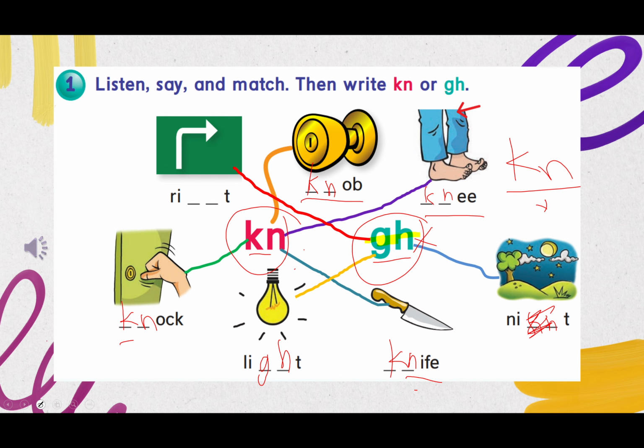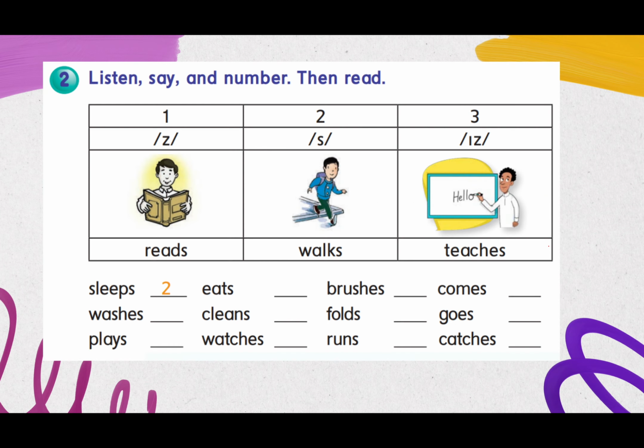Here I have right, okay, right, GH, light, GH, night. It has GH, and the GH here makes a silent sound. So I cannot hear anything, only right, light, night. Can you see that?